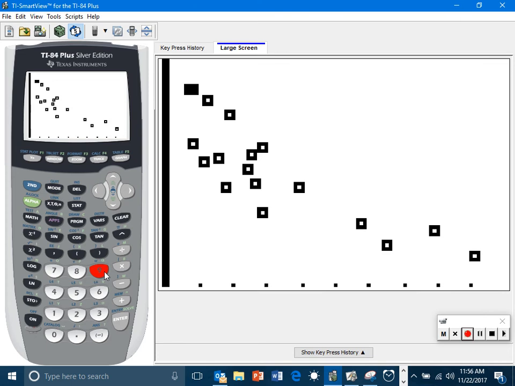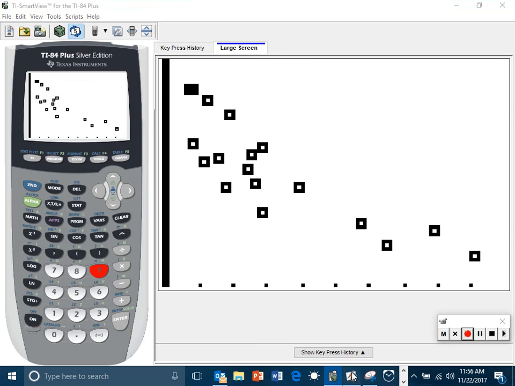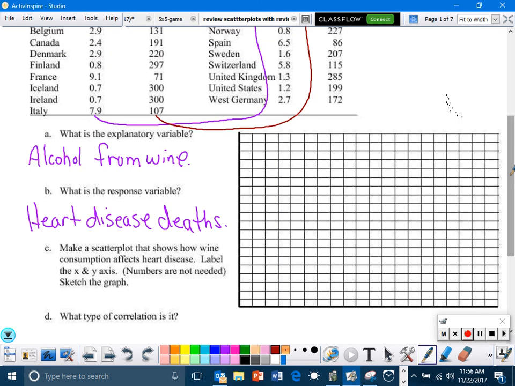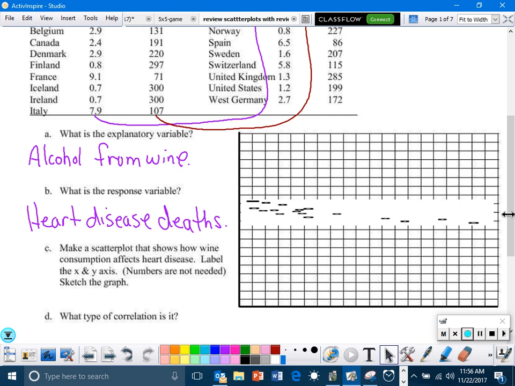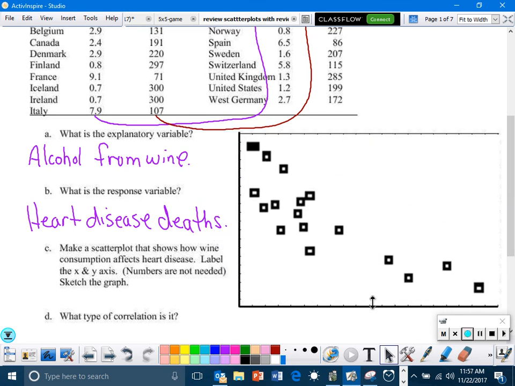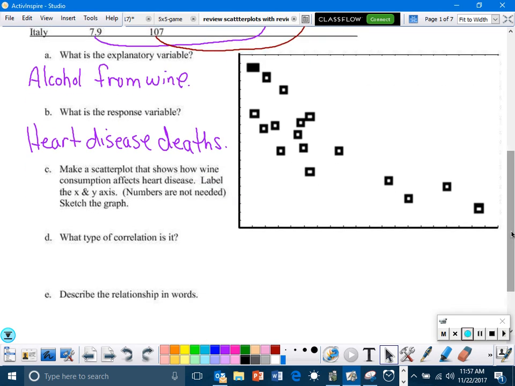Alright, so we're going to sketch that. Again, I've already preloaded this, so I can sketch it very quickly. Alright, there we go. I'm going to label the bottom of my graph.